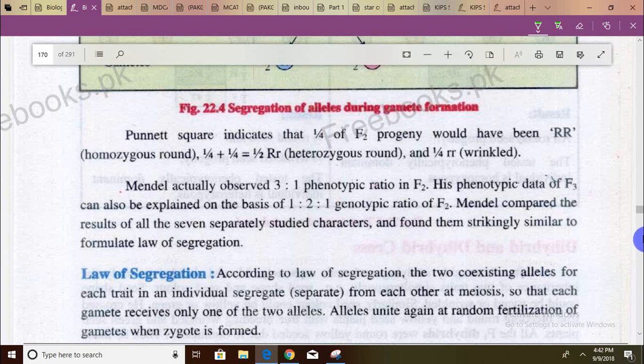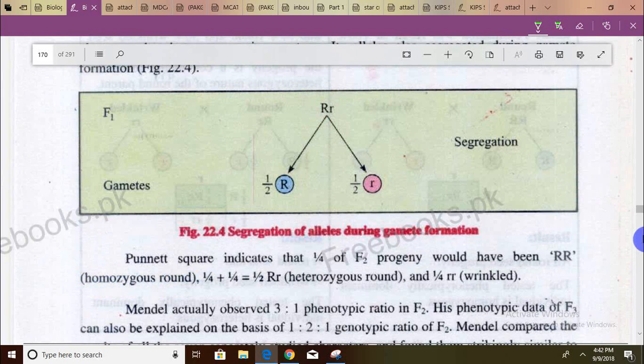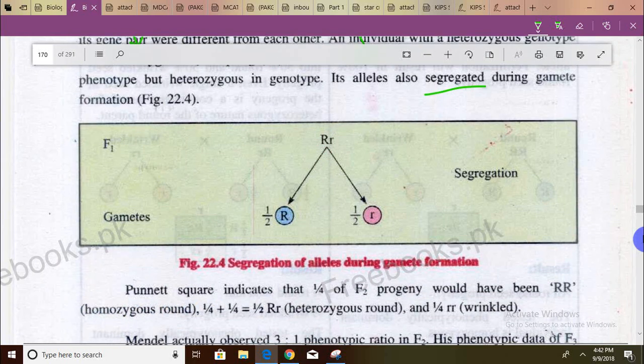So these are actually working together. The Punnett square indicates that 1/4 of the F2 progeny would have been capital R homozygous round, 1/2 would be heterozygous round, and 1/4 would be wrinkled.